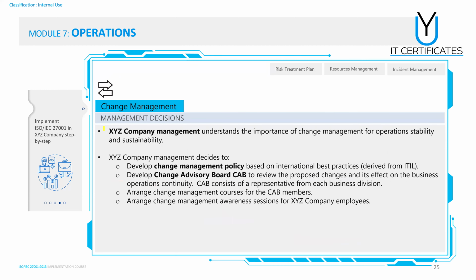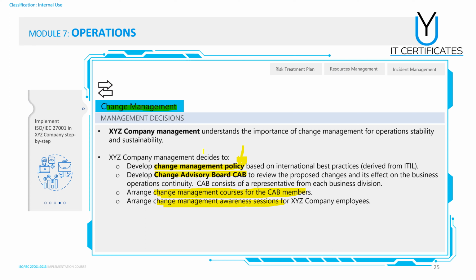For the change management, XYZ company management understand the importance of change management, and they decide that they will develop a change management policy. Also, they will develop the change advisory board, and we will arrange change management courses for the CAB members and arrange a change management awareness session for all the employees.